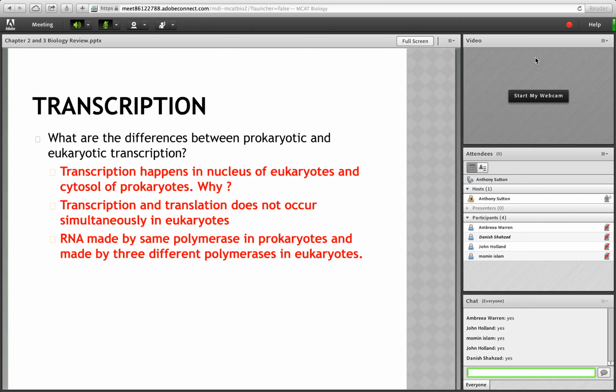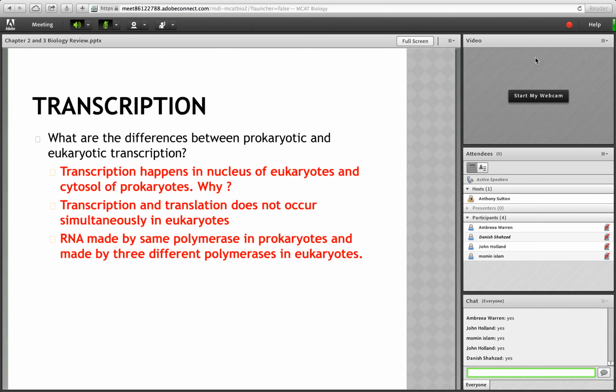And finally, transfer RNA is regulated by RNA polymerase, and I'm sure you can guess it, number 3.